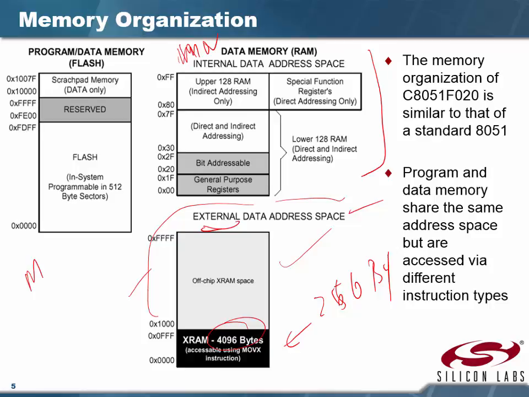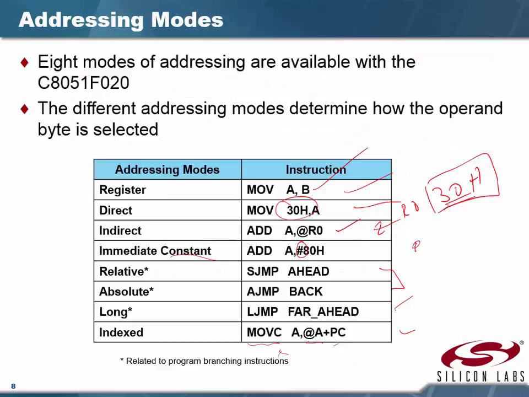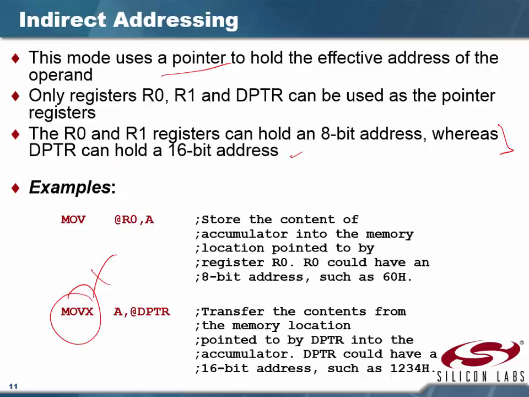This typically uses the MOVC if we want to use that, and this uses the MOVX. So as we go back and look at this, we have the MOVX, and we also use the data pointer and not R0 and R1.